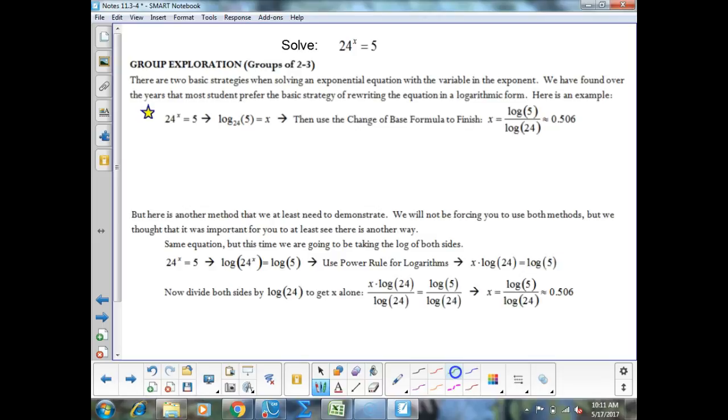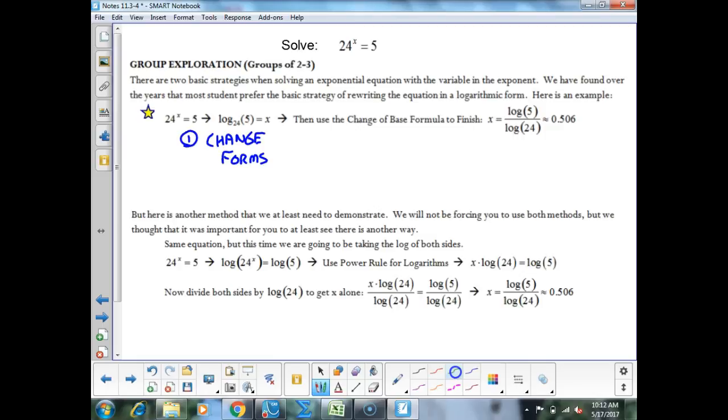What you do in this one is what we've been doing for a while now, is first we change forms. So if it's an exponential, we switch it to logarithmic form. If it's a logarithmic form, we switch it to exponential. We change forms first.